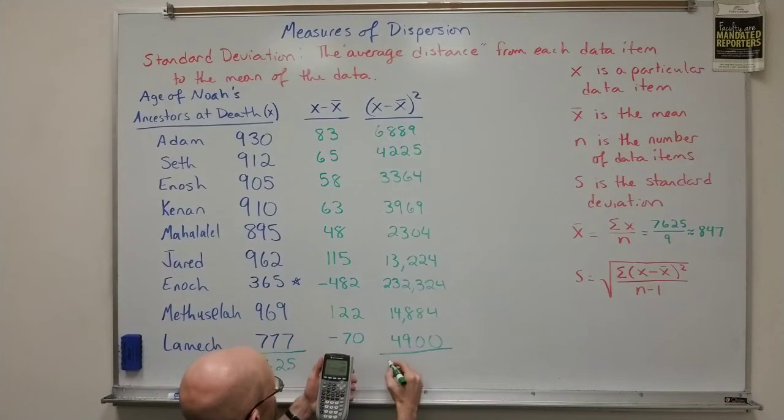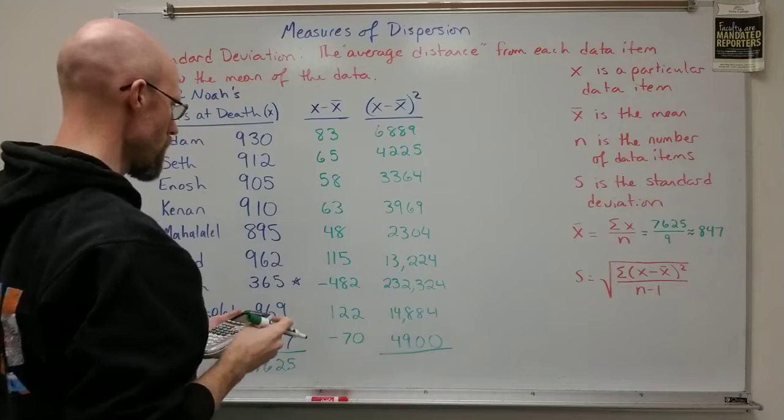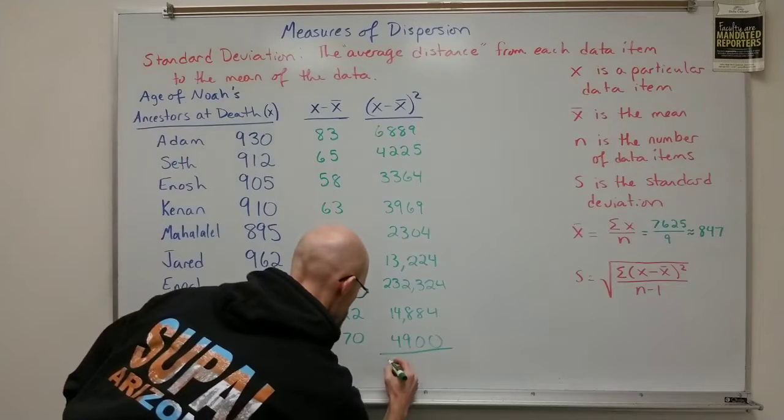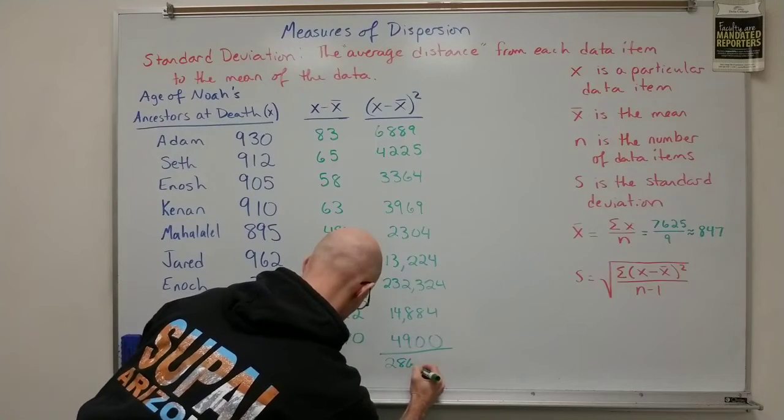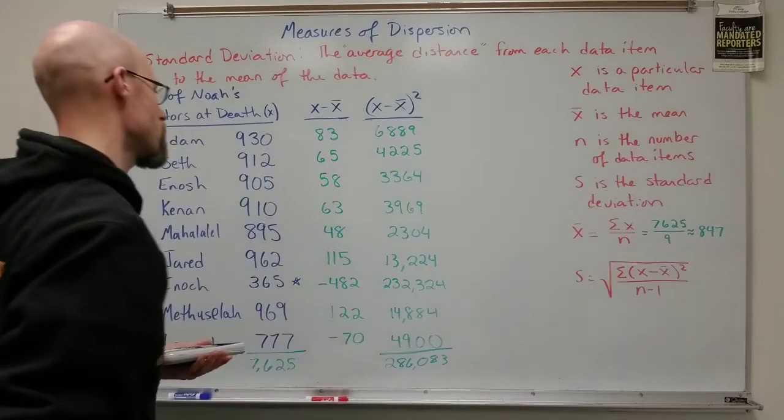I get, that can't be right. How can that be? Maybe it is right. I got 286,083.